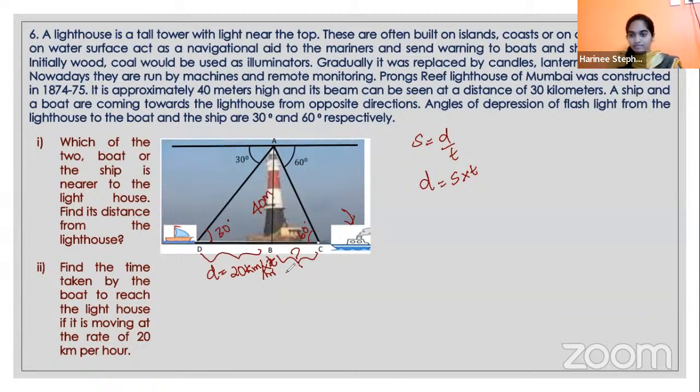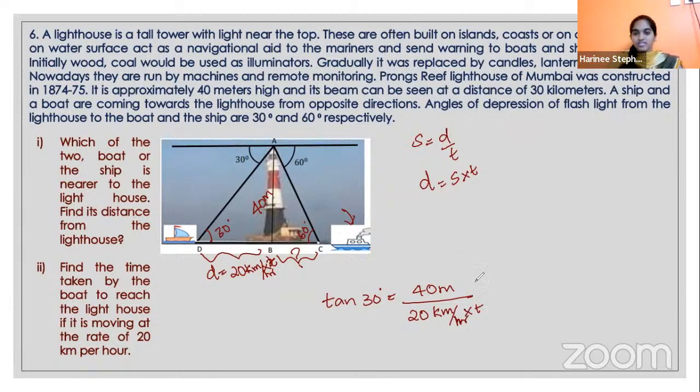Speed into time? Okay, so now I have a base, I have a height, I have an angle. So combine them with tan 30 degree. Tan 30 degree is equal to 40 meter upon 20 kilometer per hour into time. But now what is the problem here?